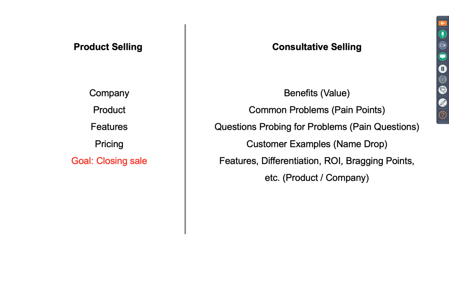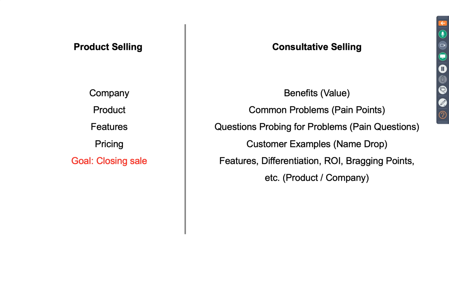What that looks like in a cold call is we're going to spend most of the cold call on the prospect and the end on the product, just enough so we can sell the prospect on talking in the form of a meeting. What this looks like in an email series is that we might get to talk about the product in one of our later emails. Because remember, we're going to tell a story over a series of emails, and maybe in one of the later emails we can get to the product.